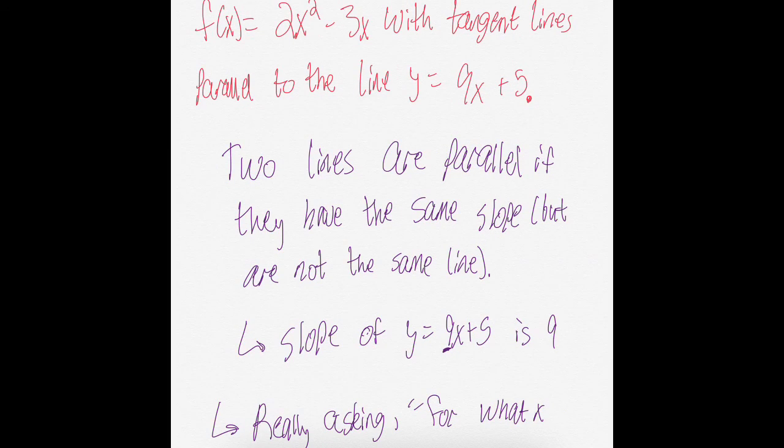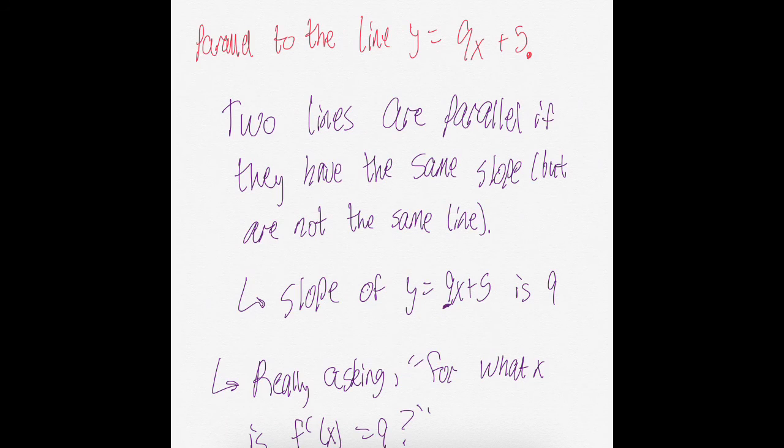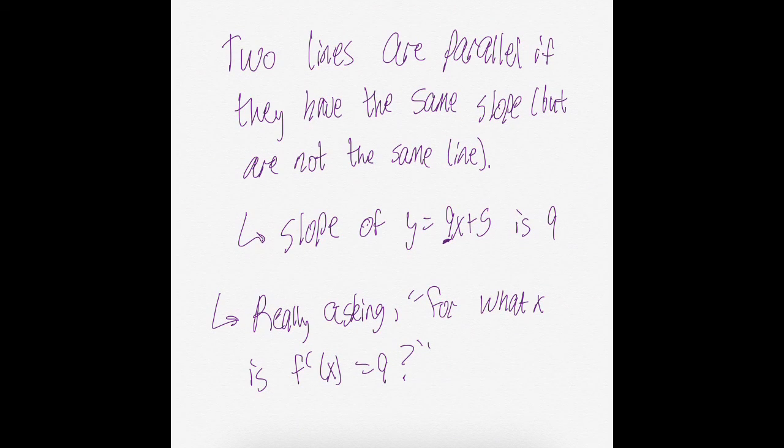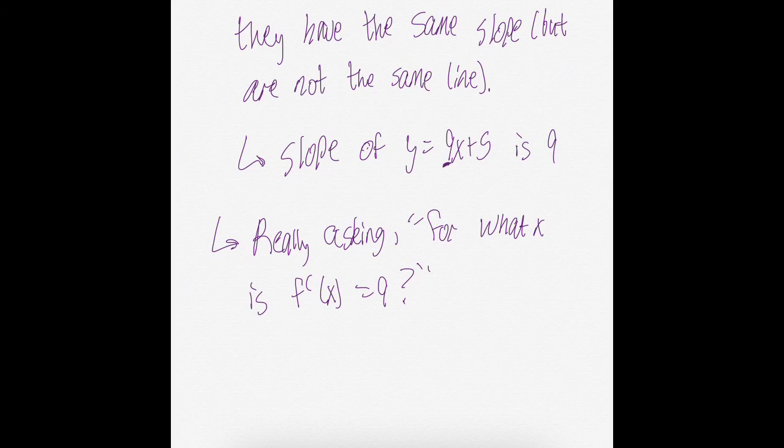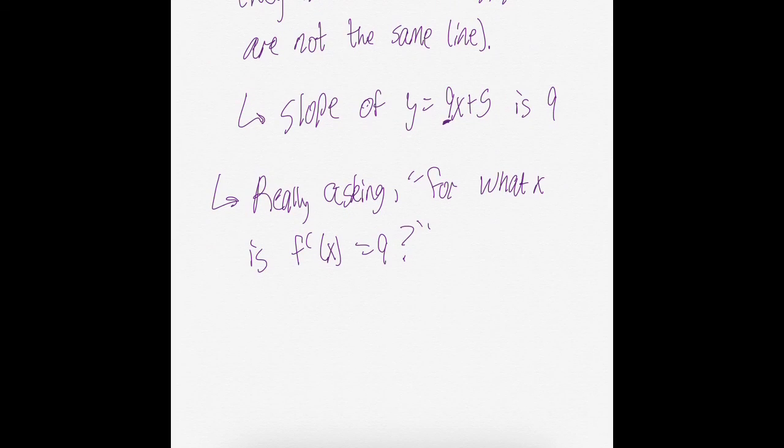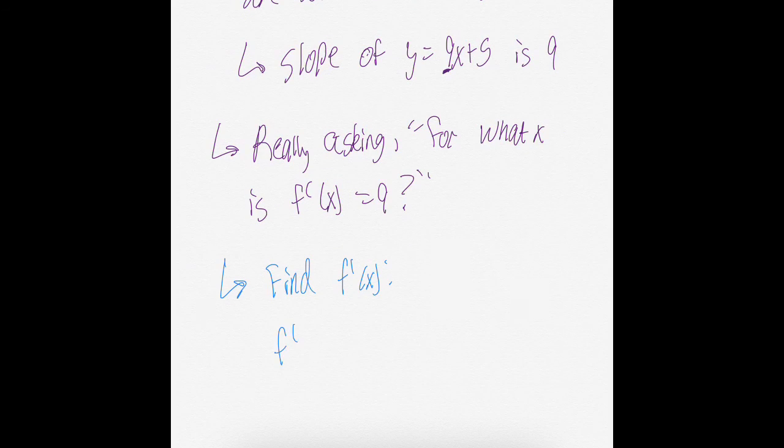I guess the other caveat is that we have to make sure that for any x values we find, the tangent line is not literally equal to 9x plus 5. But that's essentially what we need to do here. And to do that, we need to find f prime of x.